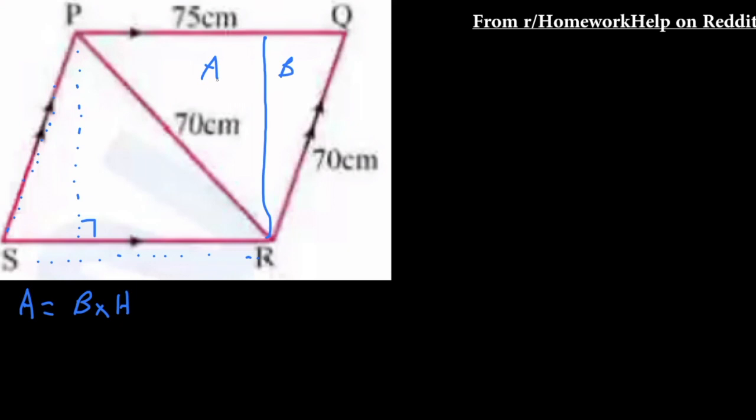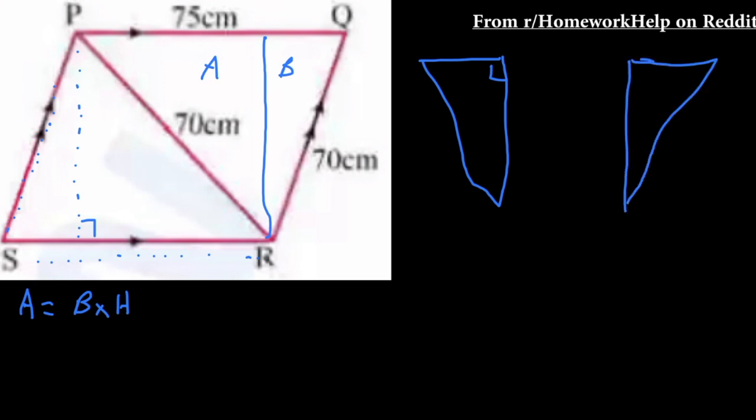So let's redraw triangle A over here. So here you have triangle A, and here we'll call this triangle B. We already know some parts of this. For example, it says that this whole length here is 75.